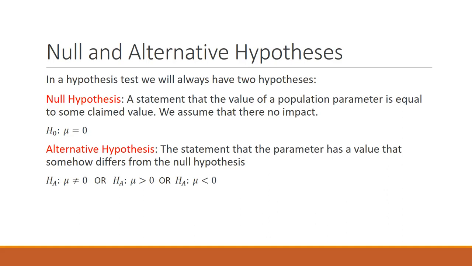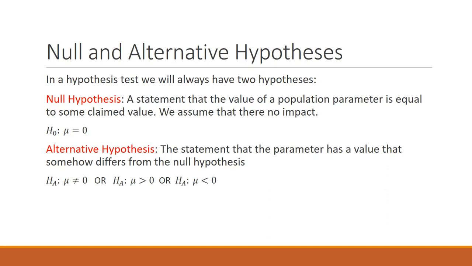If we're measuring the effect of something, we always assume there's no effect. If we're interested in whether or not a data value is greater than 0, then the null hypothesis is always that it's 0. The null is always that whatever we think might be true, it's not true. I'll make that more clear in a minute.